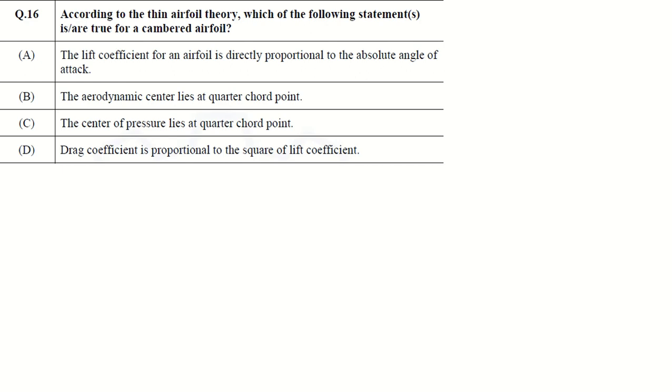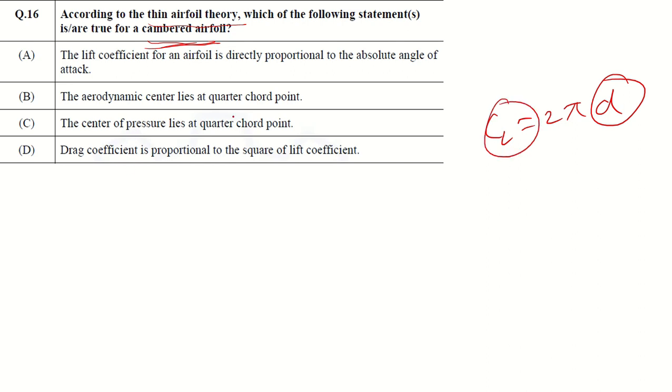16. According to the thin airfoil theory, which of the following statements are true for a cambered airfoil? According to thin airfoil theory, the lift coefficient for an airfoil is directly proportional to the absolute angle of attack. Lift coefficient is 2 pi alpha. It is directly proportional.